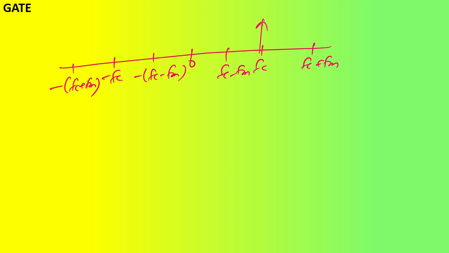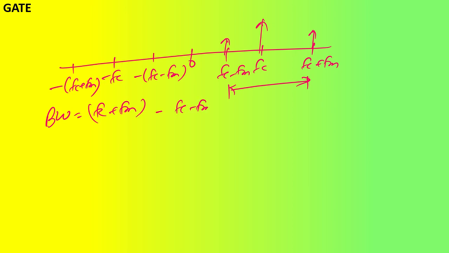If you see, the bandwidth requirement is the maximum frequency minus the minimum frequency. So bandwidth will be fc plus fm minus fc minus fm, that is going to be 2 fm. So this is the total bandwidth that is required in amplitude modulation.